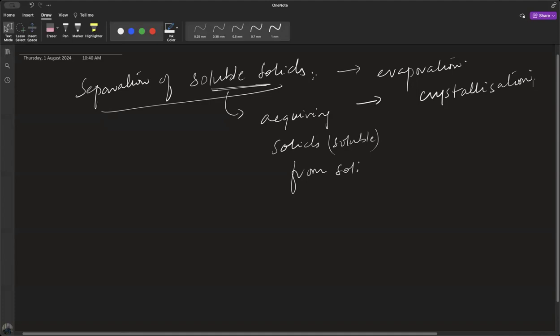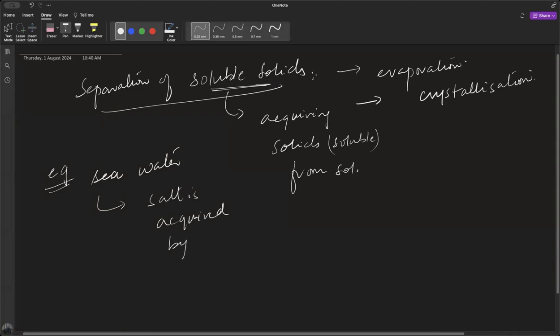All right, in evaporation, what is done? Liquid is turned into vapors. An example of such a solution could be seawater, out of which salt is acquired by evaporation.